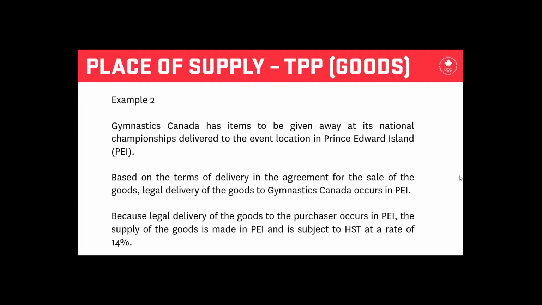Based on the terms of delivery and the agreement for sale of the goods, legal delivery of the goods to Gymnastics Canada occurs in PEI. Regardless of where Gymnastics Canada's head office is located, because the goods were shipped to them in PEI, then the supplier is supposed to, and I do emphasize the supposed to, charge a PEI tax of 14%.